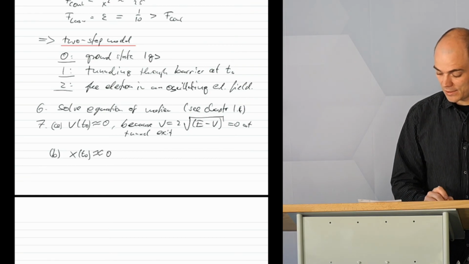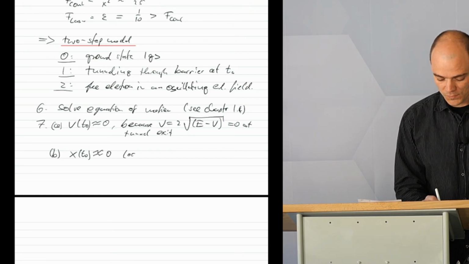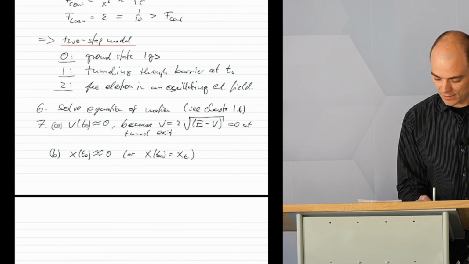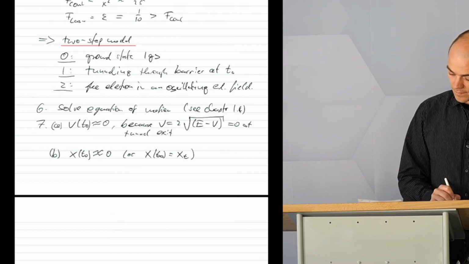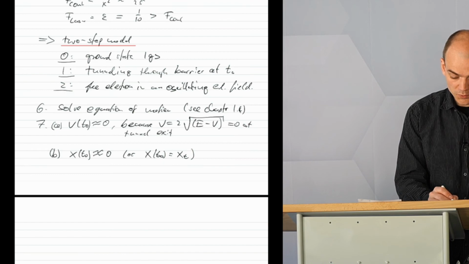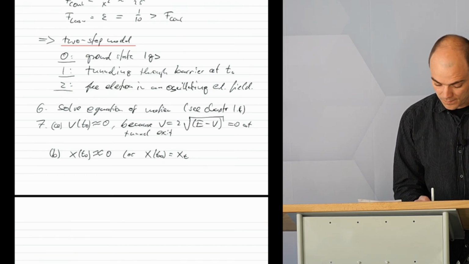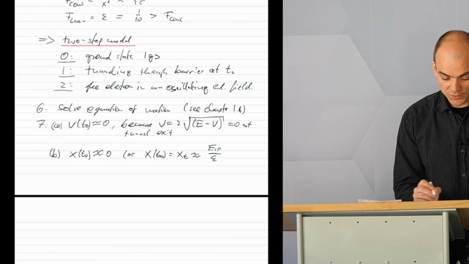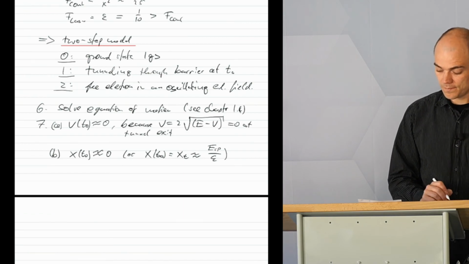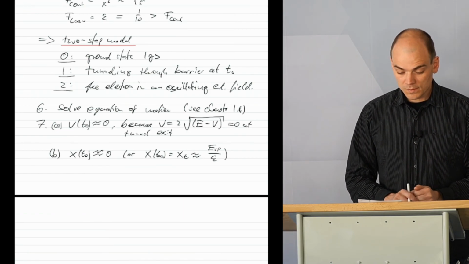So I just write approximately 0, or x of t0 equals the tunnel exit. For this we can give an approximate expression, namely I_p over E, which is the one that we used above.